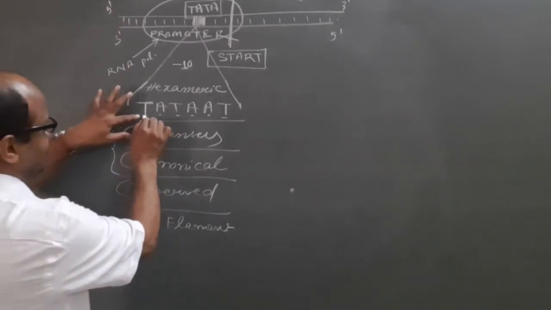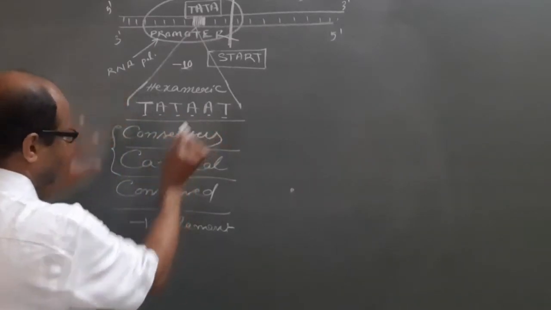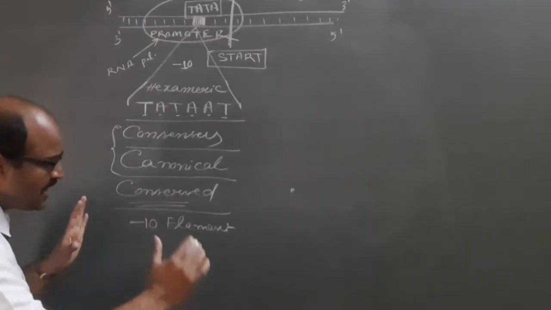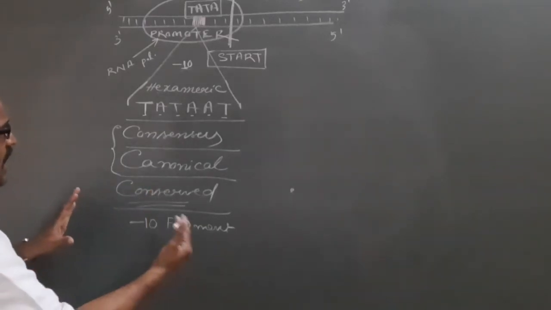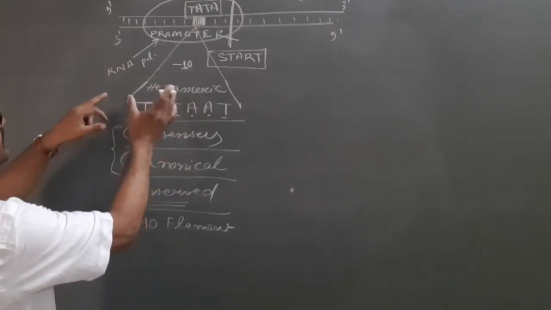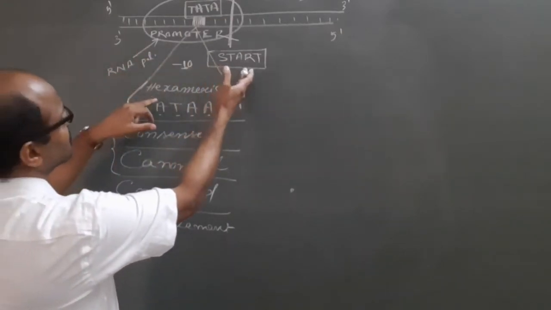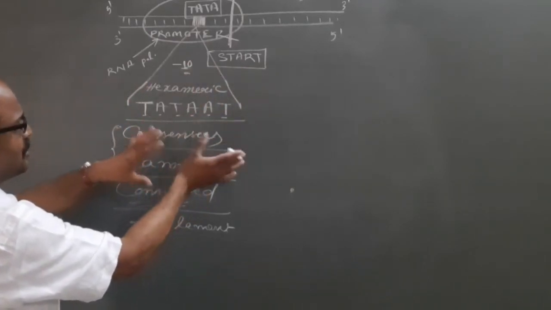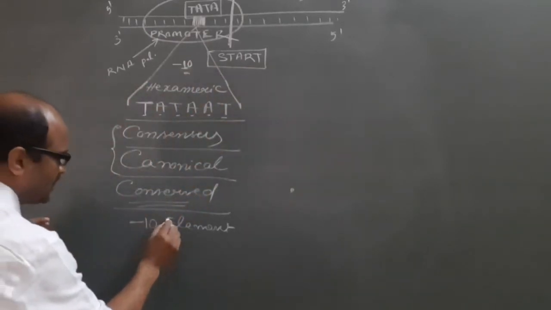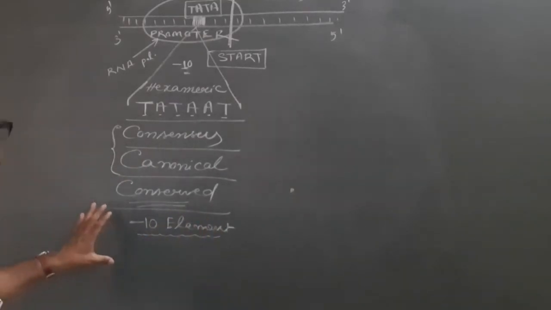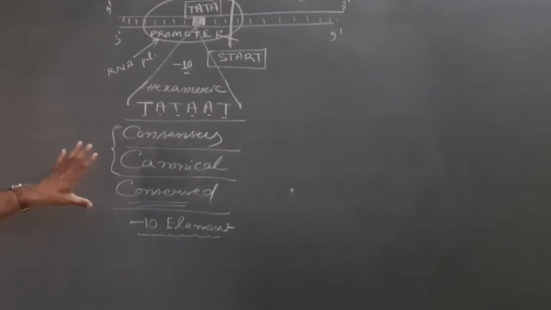Such a sequence, TATAAT, is conserved throughout organisms in due course of evolution, and this sequence is present upstream of the start point, centered at the -10 region in prokaryotes. That's why it is also known as the -10 element.